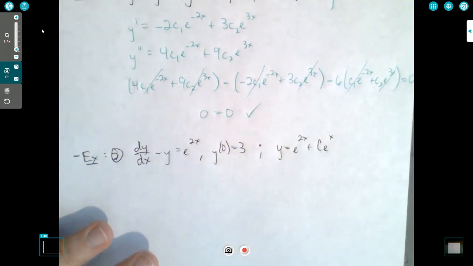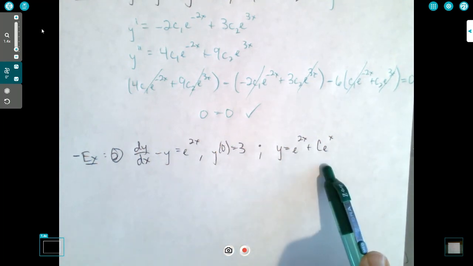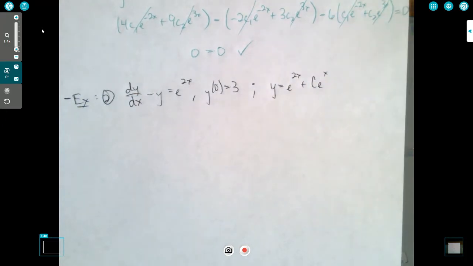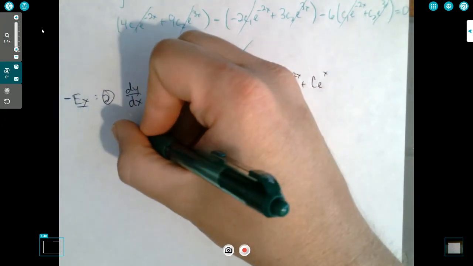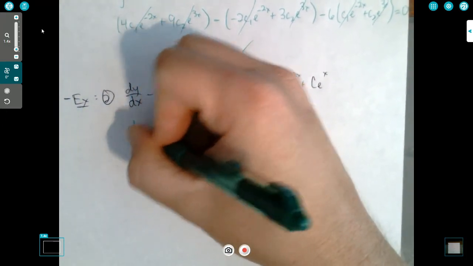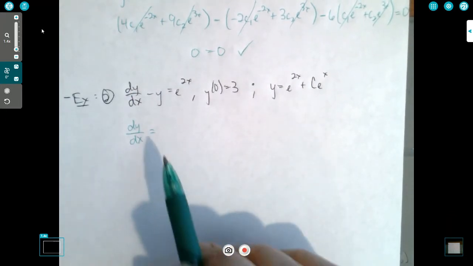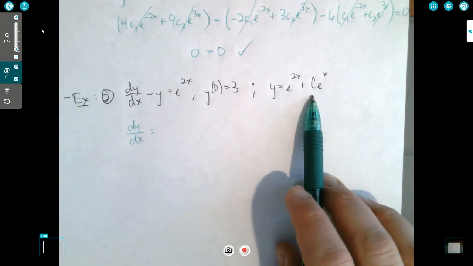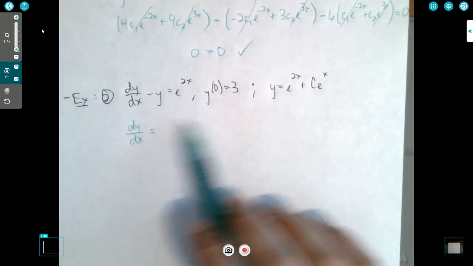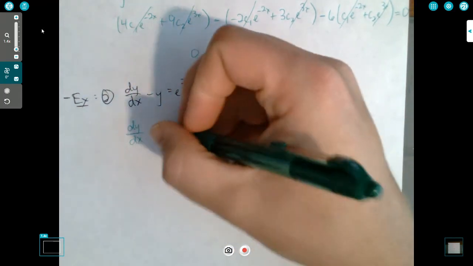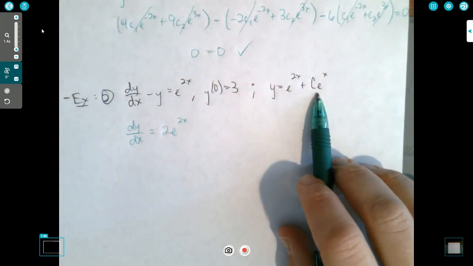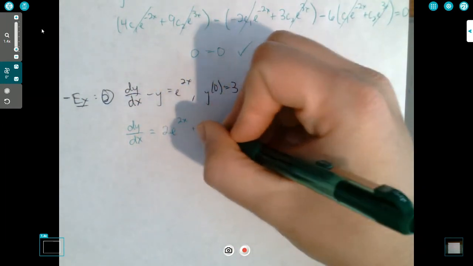So first of all, let's verify that this works as a solution for this equation. I need to figure out dy dx first. If y is e to the 2x plus c e to the x, then dy dx is going to be 2e to the 2x plus c e to the x.